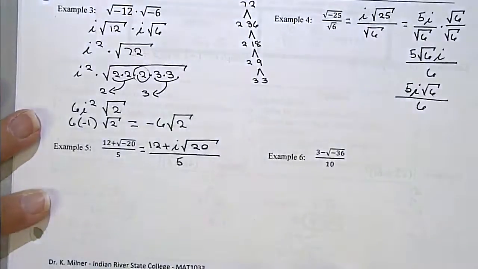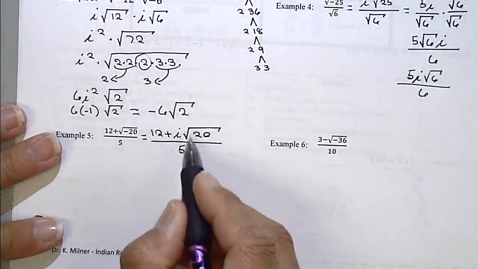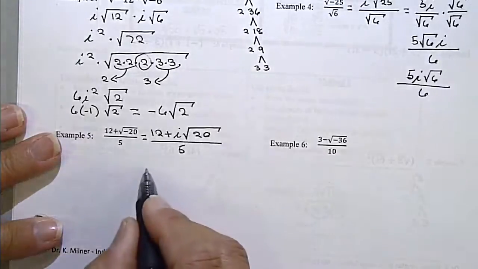Okay, that's what I got when I took i out. And now I'm going to take the perfect squares out of 20, okay?